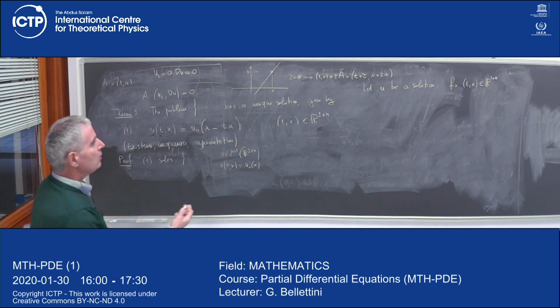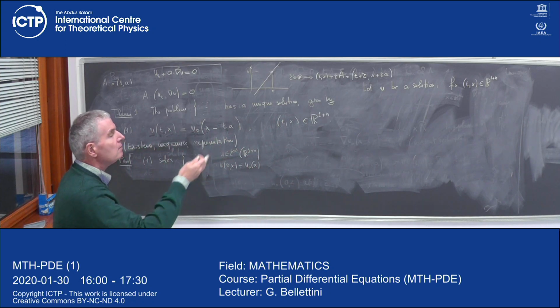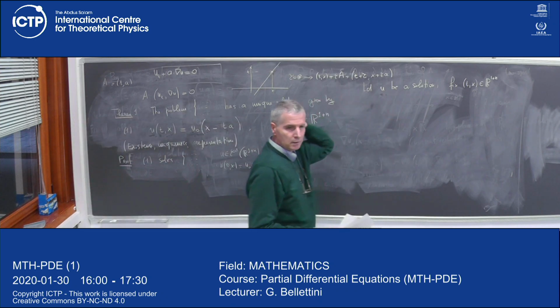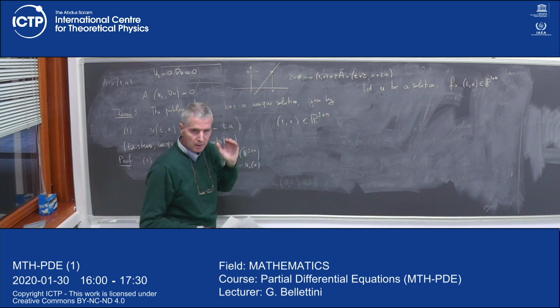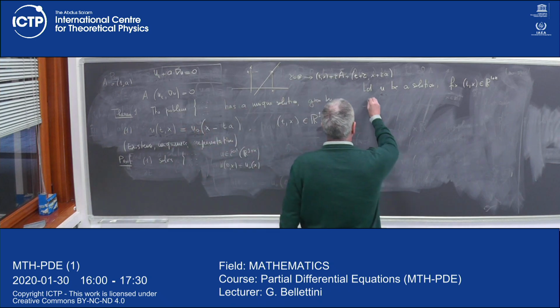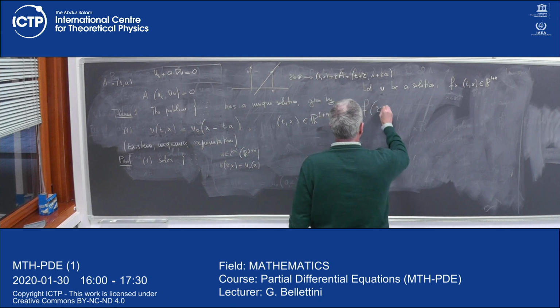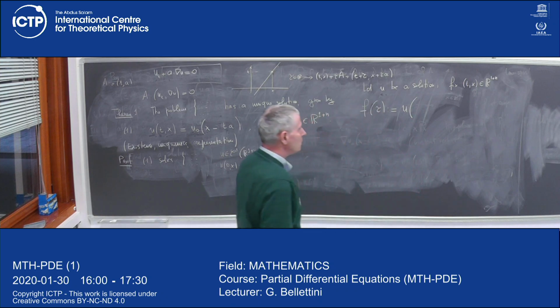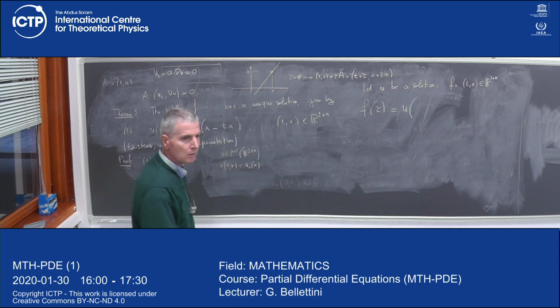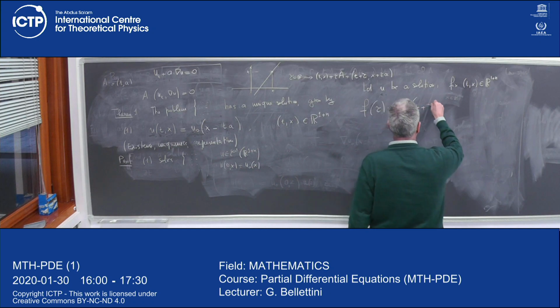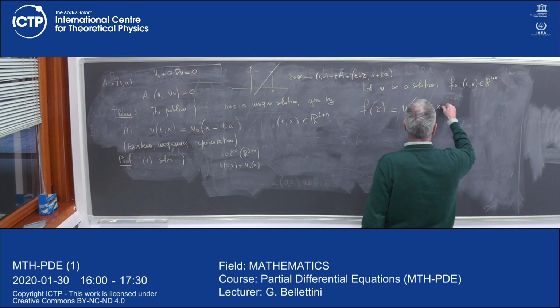So what does it mean taking the restriction of this hypothetical solution u, which I want to show to be equal to this? Restriction to the line means that I have just a function, so let me call it f, which is the restriction of this hypothetical solution to my line passing through (t,x).